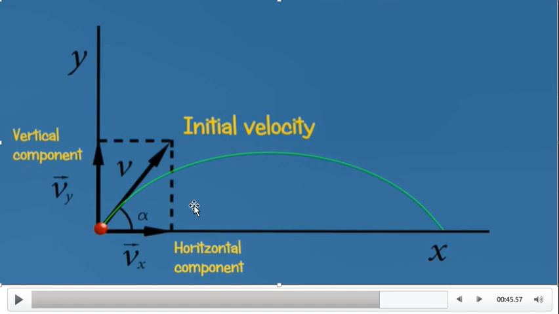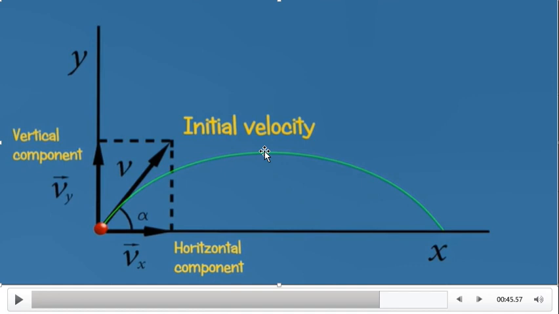But yes, the very important fact is what? That at the highest position over here. So think about what I told you in the part 1 video, what are the conditions of the components at the highest point. Yeah, I think you are thinking right, that at the highest point, the vertical component of the velocity will always become 0.